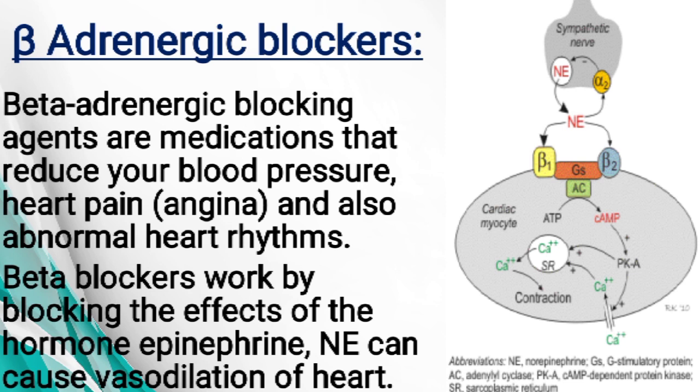As you can see the flow chart, the sympathetic nerves release the norepinephrine hormone. The epinephrine hormone can bind both beta 1 and beta 2 receptors, because these drugs are not selective for beta 1 and beta 2, they are non-selective, so they bind both receptors.